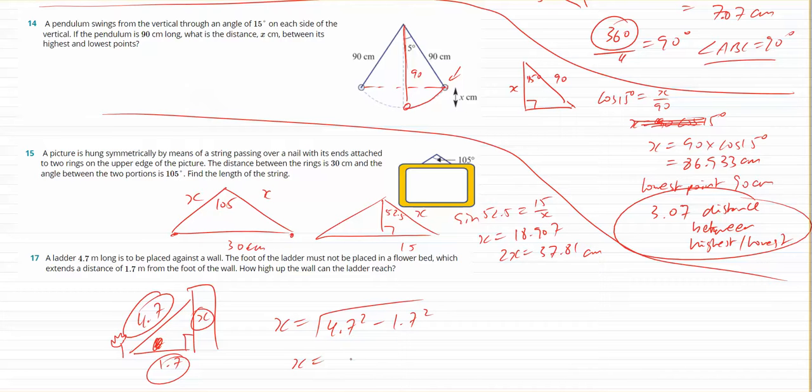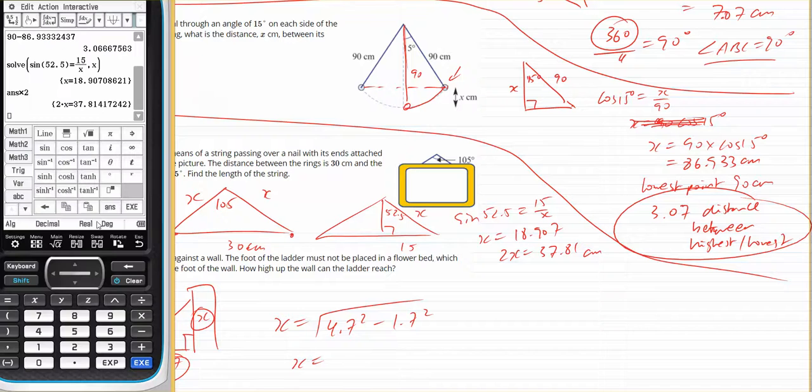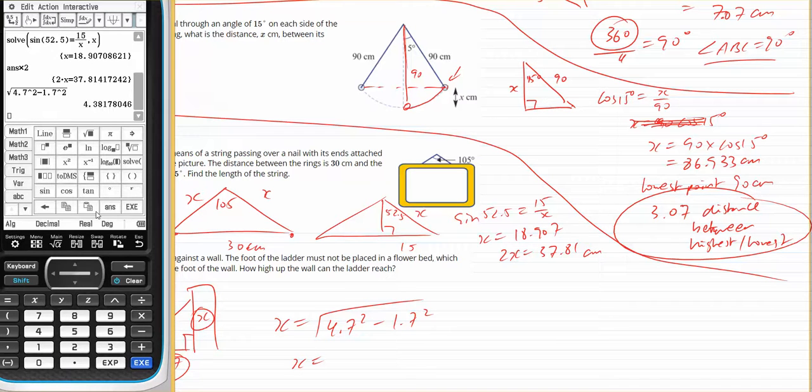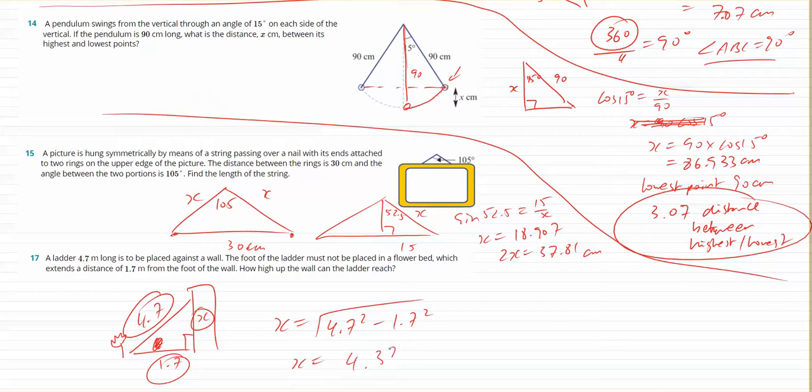So let's work this out. Square root of 4.7 squared minus 1.7 squared gives 4.38 meters. And we are done. The trick in this question was to interpret what it's actually telling me.